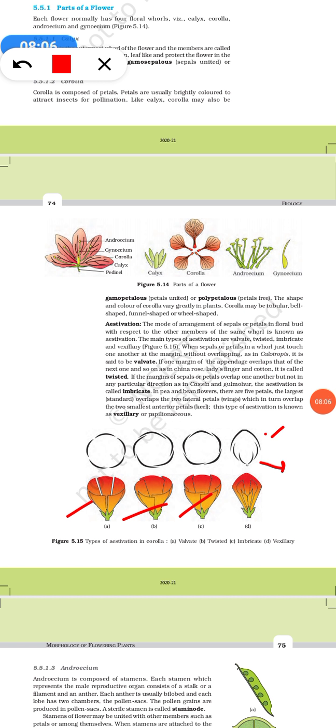The largest is the standard petal. So we have the standard petal, which overlaps the 2 lateral petals known as wings, and then we have the keel. So this is known as vexillary. This is the vexillary form of petals. Okay, that is aestivation.